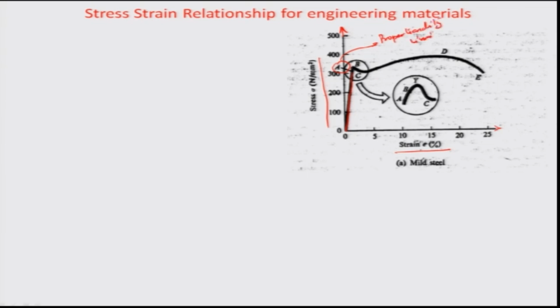Okay. The point B, as you can see here, just above the point A, is called the elastic limit. So, if the specimen is extended up to the point B, it will return back to the same path, and it will return back to its original dimensions. That is why this is called the elastic limit.